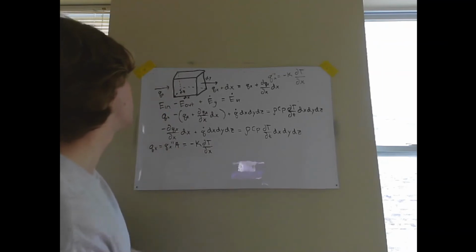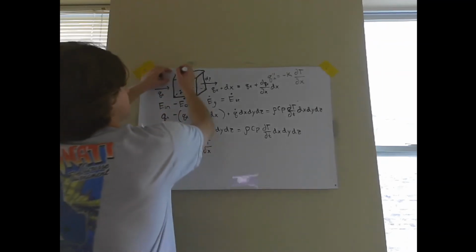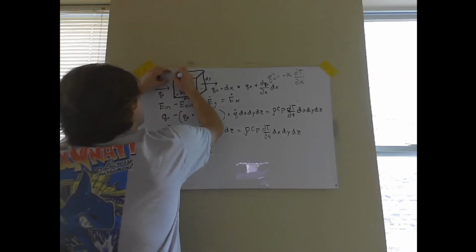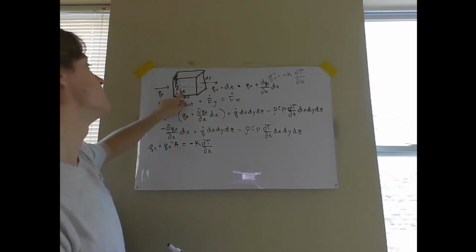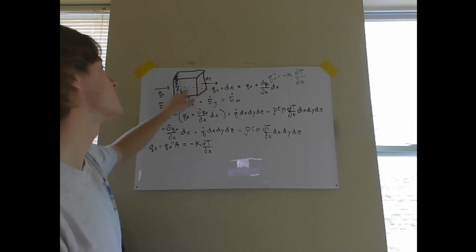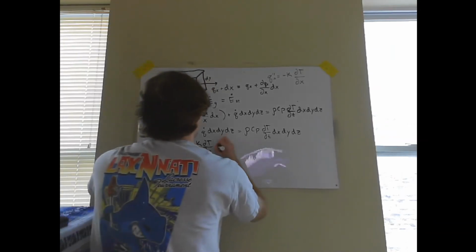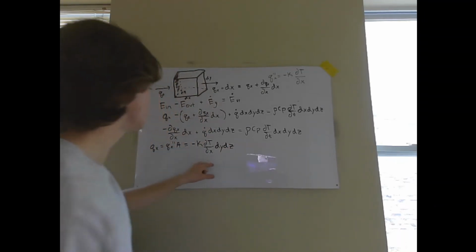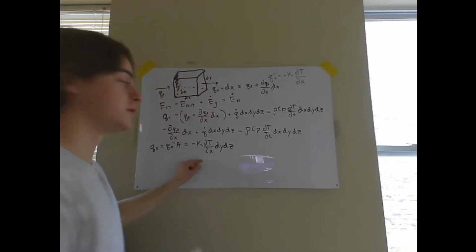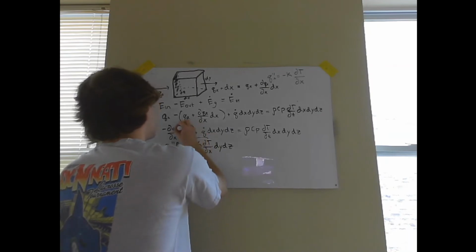And then to multiply by our area, it's just going to be the area that the heat's going in on this face of the cube. And so the area is just going to be dy times dz. And so now I can go ahead and substitute this in to our equation here.